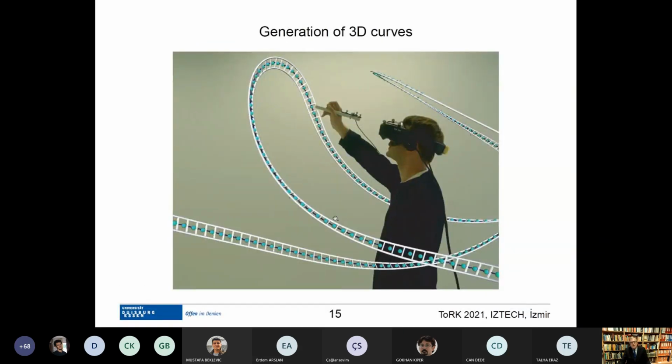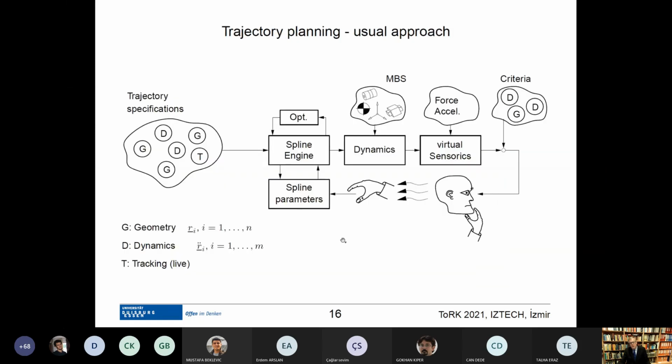So for this, one has to design some tools for generating 3D curves, but not only curves, also rotation. And we were working quite a while. Normally this is done by hand, so somebody is changing the shape, and then you can compute dynamics and put some virtual sensors, and then this is evaluated and corrected.